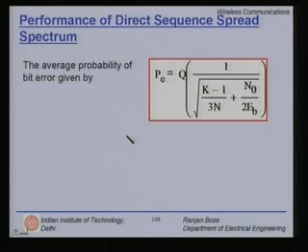So if you calculate the average probability of bit error, it is given by Pe equal to Q function of 1 over under root of (K minus 1) over 3N plus N naught over 2 EB. So please note that the K comes in the denominator with an under root sign.